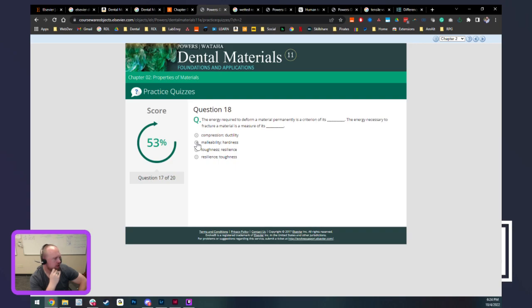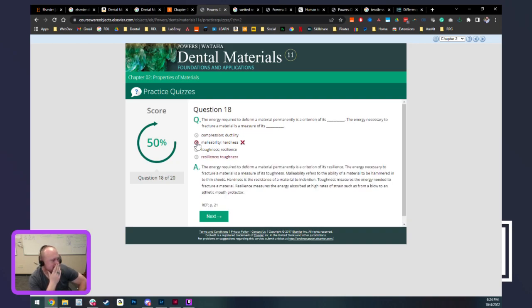The energy necessary to fracture a material is a measure of its toughness. Toughness. Hardness is the resistance of a material to deformation. To indention.